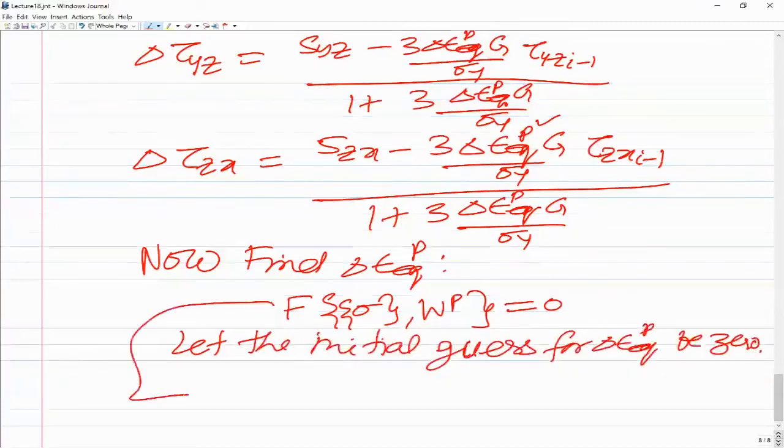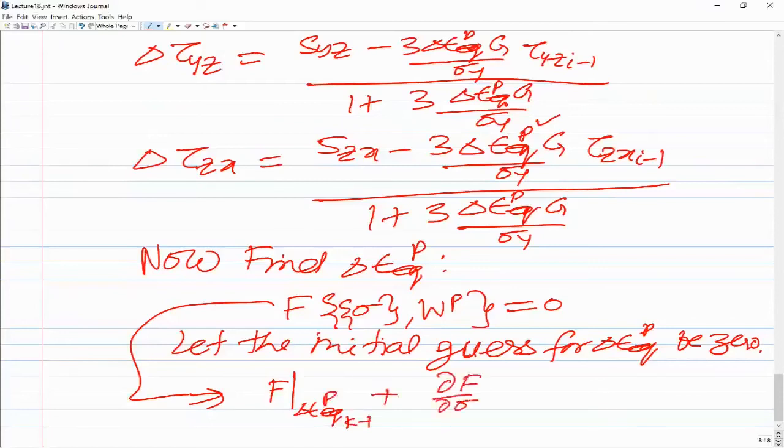Now this equation we can write as function f evaluated at delta epsilon equivalent p corresponding to the previous k minus 1th iteration, plus del f by del sigma transpose into del sigma by del epsilon equivalent p, and this whole thing is evaluated at delta epsilon equivalent p corresponding to the k minus 1th iteration, into the next term.